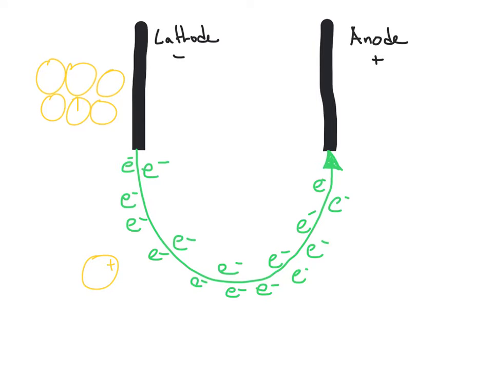Because it had a positive charge, that meant there were more protons than electrons, or it was essentially missing electrons, therefore it was not a neutral atom. Because it was attracted to this negative cathode, it had the ability to pick up electrons, therefore balancing it and making it neutral.